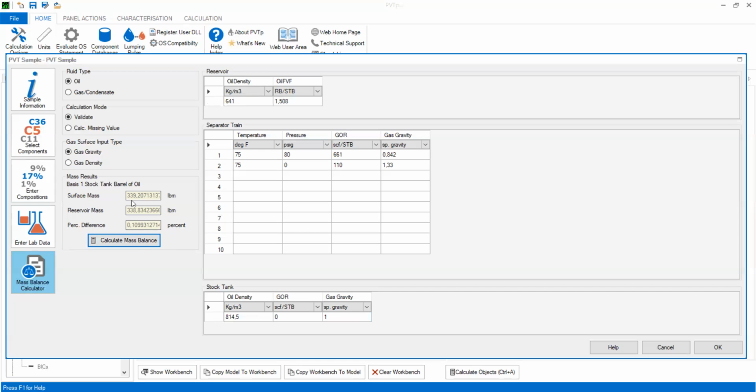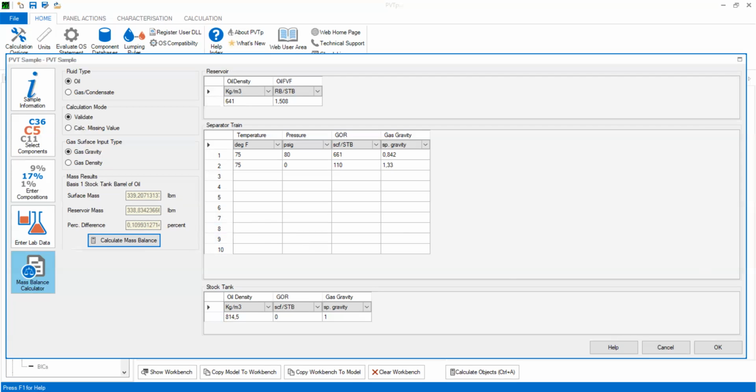So surface mass is 339.2 something pounds and reservoir mass is 338.8 pounds. Good, with a very small difference, 0.11%. I'm satisfied with that.